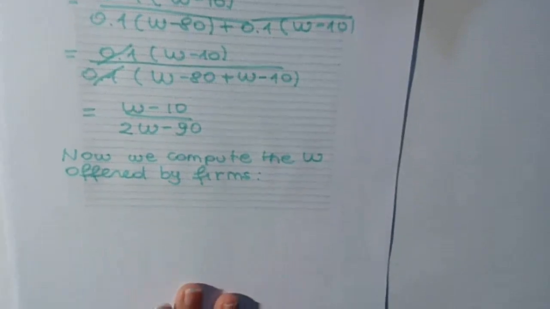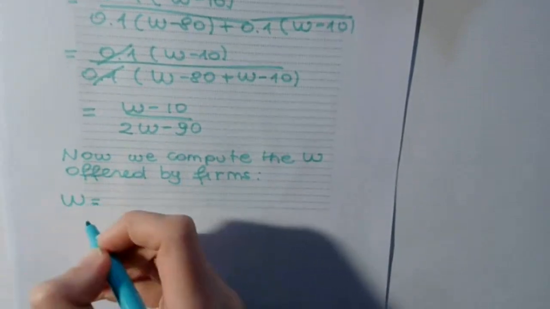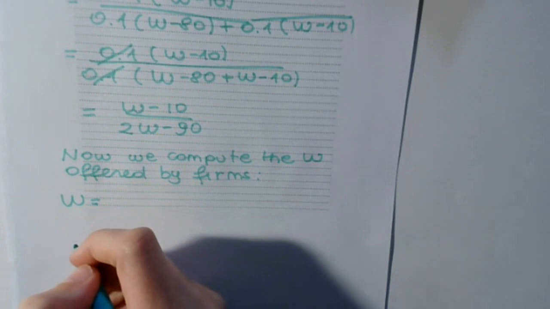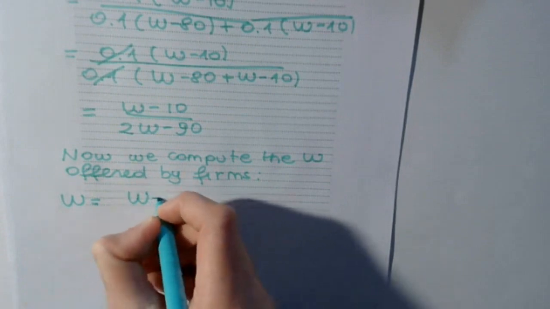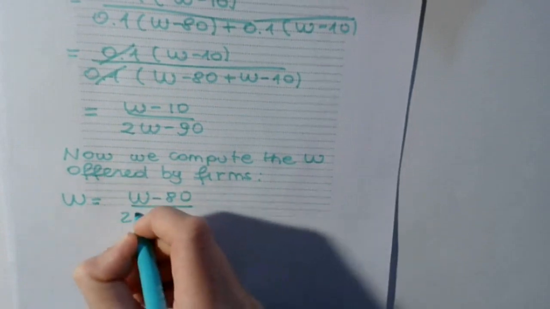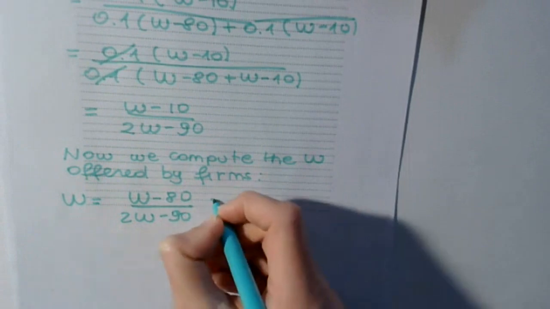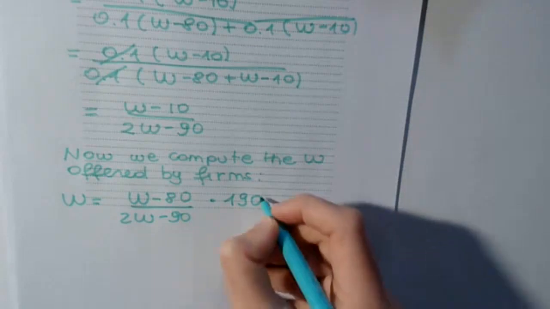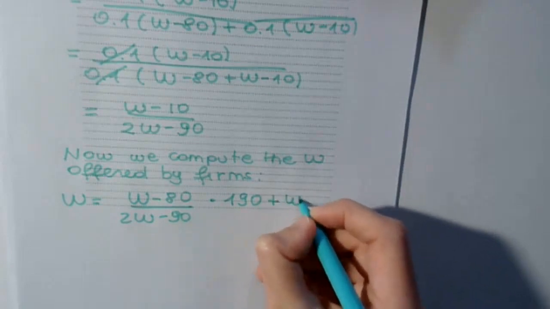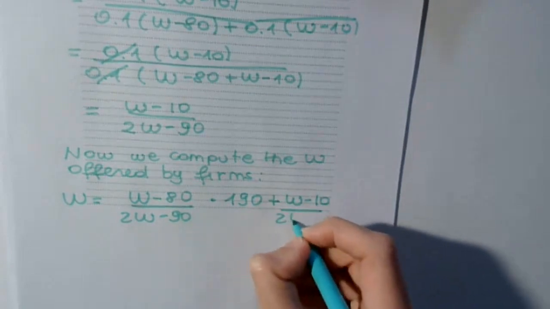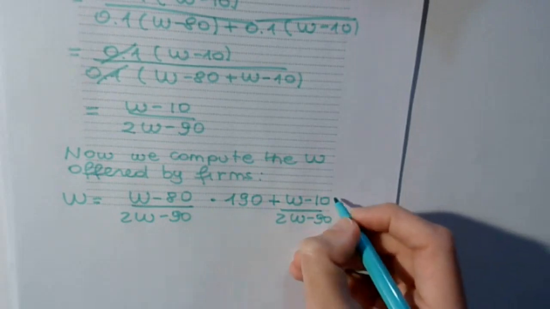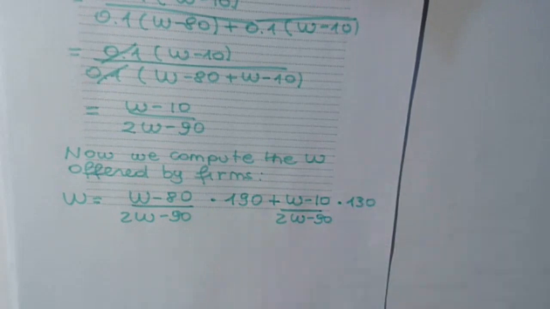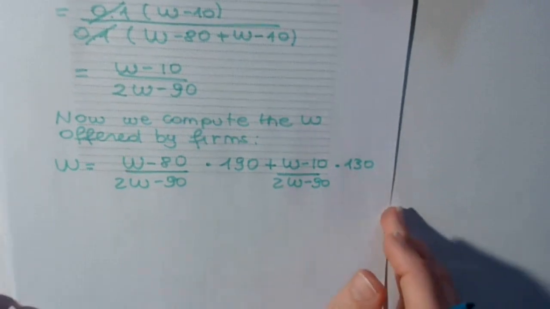Let's see. So this wage will be the probability that the worker is H type, given by W minus 80 over 2W minus 90, times the wage in this case, which is marginal productivity, 190, plus the probability that the worker is L type times the wage in this case, 130. Okay? Now we need to compute a bit.